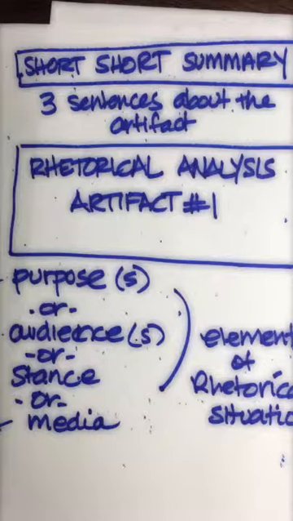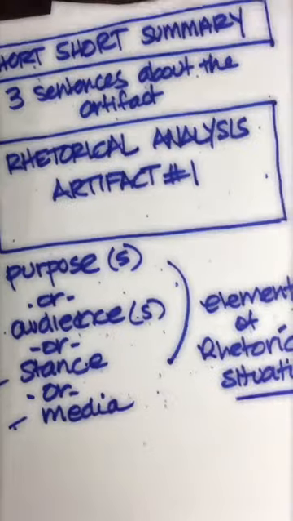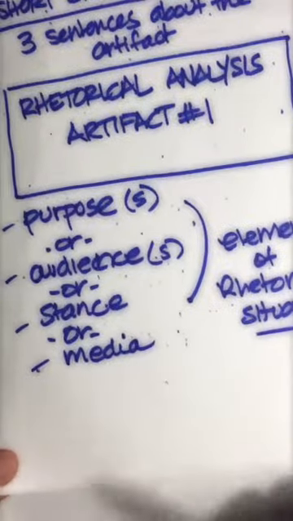But the assessment of it doesn't change no matter what the object is in a rhetorical situation. So just remember, it doesn't have to be all of the elements, but you are expected to look at your artifact and read in between the lines and look at the details that have been provided, and assess its position, its situation, and determine what's most interesting to you to talk about as it's connected to your thesis.